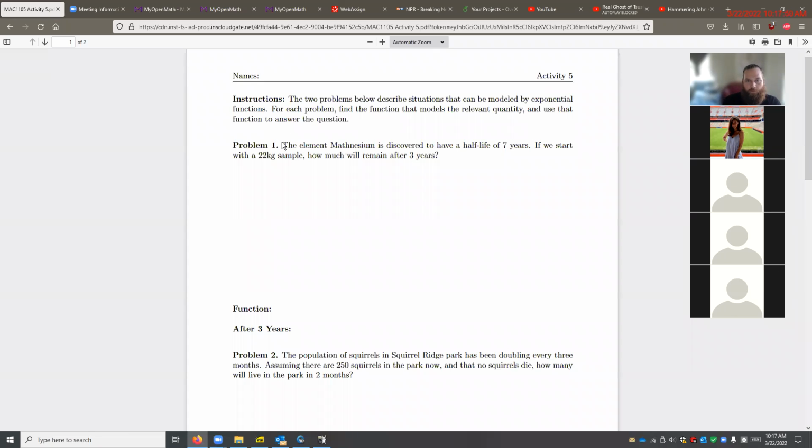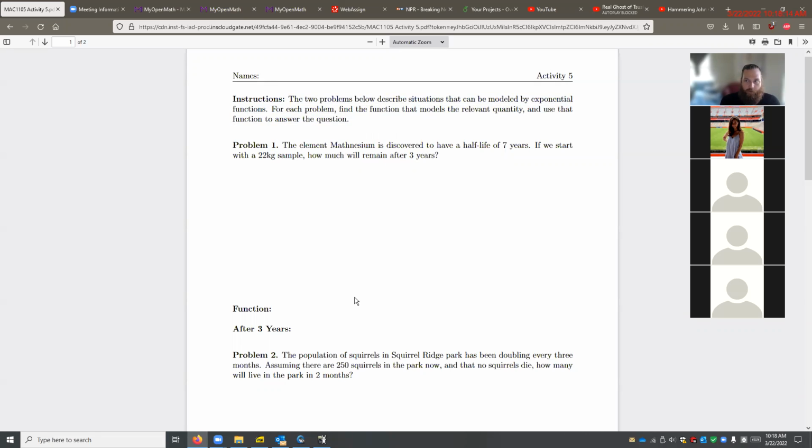So problem 1 here, we've got an element, we call it magnesium. It has a half-life of 7 years. I'm saying if we start with a 22 kilogram sample, how much will remain after 3 years? For both of these problems on the first page, you need to first find the function that models the relevant quantity. So your function here should have a variable in it, either x or t, right? You shouldn't be plugging everything in.